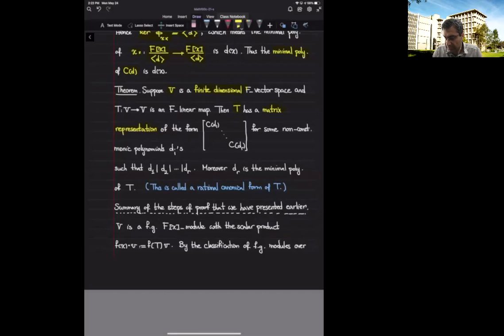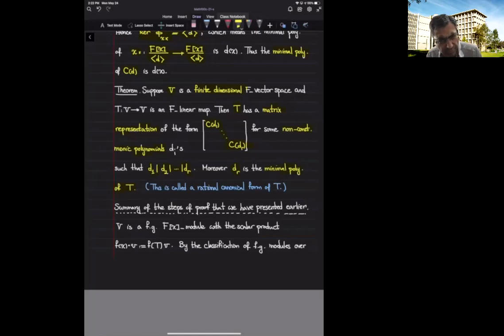It looks like this: companion matrix of binomial D1, companion matrix of binomial D2, up to companion matrix of binomial D sub R, for some non-constant monic binomials, each one dividing the next one, and moreover, the last one is the minimal binomial of T.